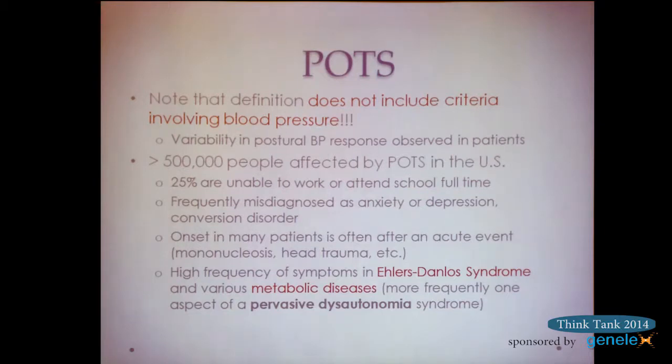I hear mononucleosis. I have patients who've had concussions and different events that have happened to them. It is a bit different when you're talking about patients with Ehlers-Danlos or metabolic diseases that are more indolent, maybe chronic, progressive over a period of years. These patients in particular have pervasive symptoms of dysautonomia, again bleeding over into some of the other topics that you're going to hear about today.